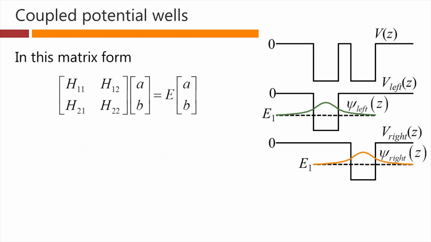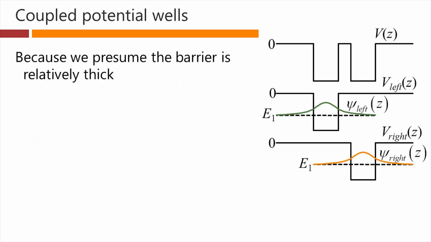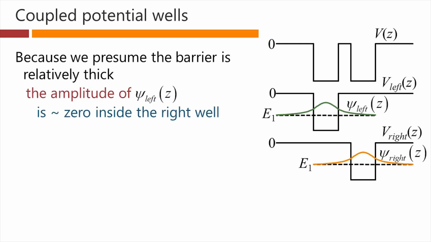So in this matrix form, we have, first of all, this matrix element H11. Well, that's just psi left star times the operator times psi left. And because we're presuming the barrier is relatively thick here, the amplitude of psi left is going to be approximately 0 inside the right-hand well. So this is the approximation we make here.